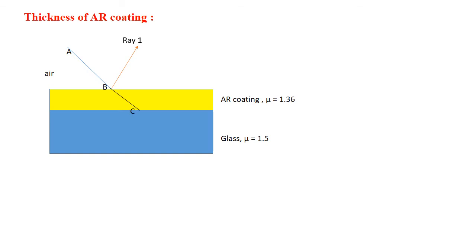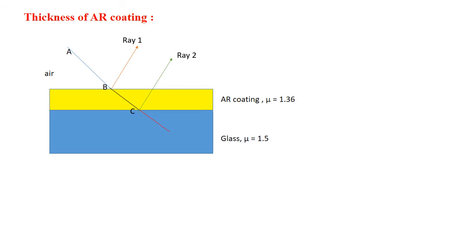Now again at point C, there is a change of media from coating to the glass, and hence part of the light will get reflected as ray 2 and part of the light will get refracted. Obviously the refracted light is going to be the transmission of the light which is taking place through the lens, either on the eyepiece of the telescope or on the photographic plate in the camera or on the screen in case of a mobile.